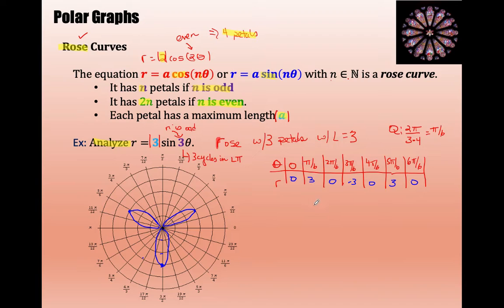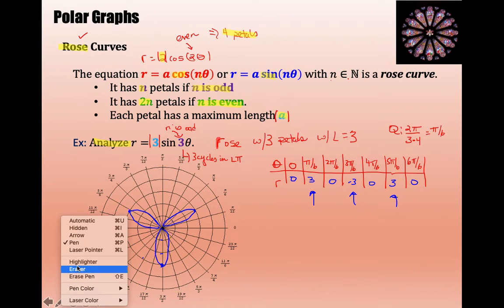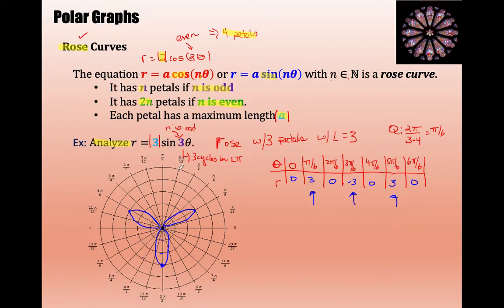If I think about the tops of my petals there at 3 and negative 3, that's the length of each one of these petals. That length is 3. Checks out. I was supposed to have 3 petals, but I got 3 petals and only a distance of what? Well, that's weird.